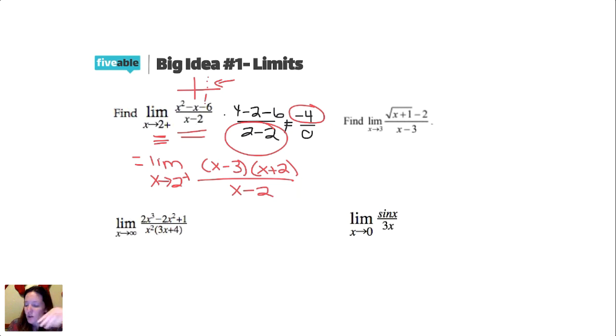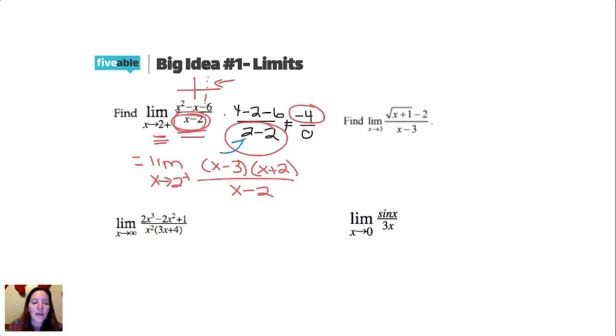Our function has x minus 2, and the x we're plugging in is coming from the positive side. So we're plugging in a number really close to 2, but a little bit bigger, like 2.0000001. If we plug in a number a little bit bigger than 2 and then subtract 2, we get a number that's a little bit bigger than 0.